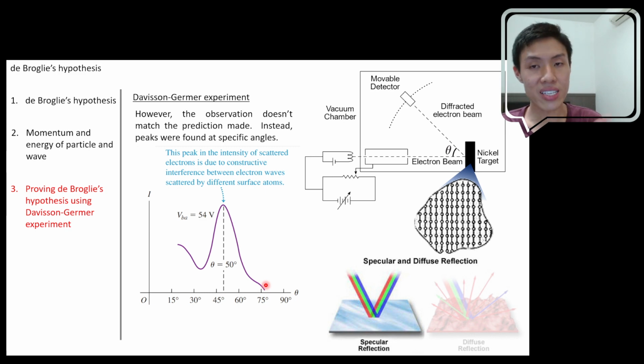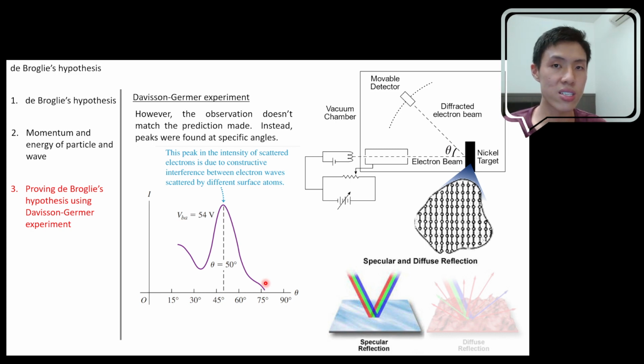Well, yes, it is indeed an important discovery, because why do you find this peak over here? It is because this peak in the intensity of the scattered electrons is due to the constructive interference between electron waves scattered by different surface atoms. In other words, you find this peak over here because of the constructive interference. So constructive interference is a wave property, right?